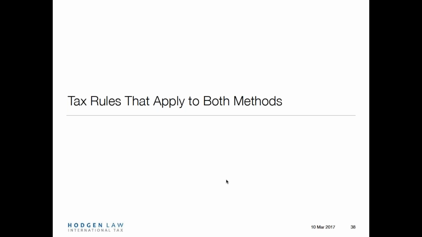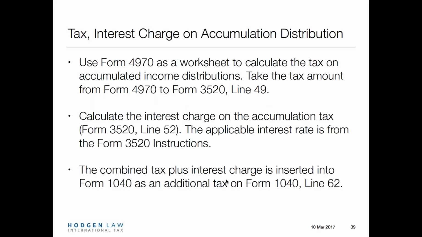Tax rules that apply to both methods. The accumulation distribution computations work identically whether you use the default method in Schedule A or the actual method in Schedule B. We're on slide 39. You use Form 4970 as your worksheet, and then you'll take an accumulation distribution tax from the bottom of Form 4970, port it back to Form 3520, and then you'll do some interest calculations on that.